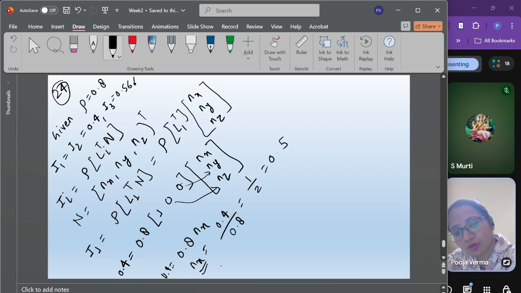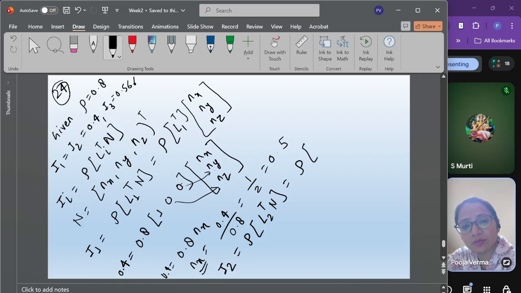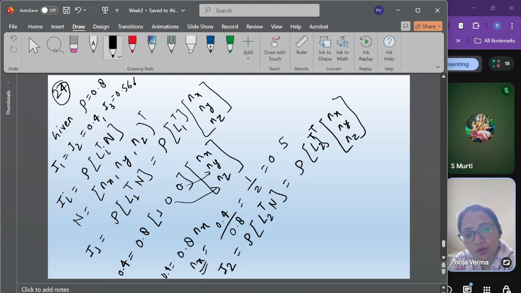Similarly, we need to calculate for I2. So rho L2 transpose n, with nx, ny, and nz. Just put all the values.